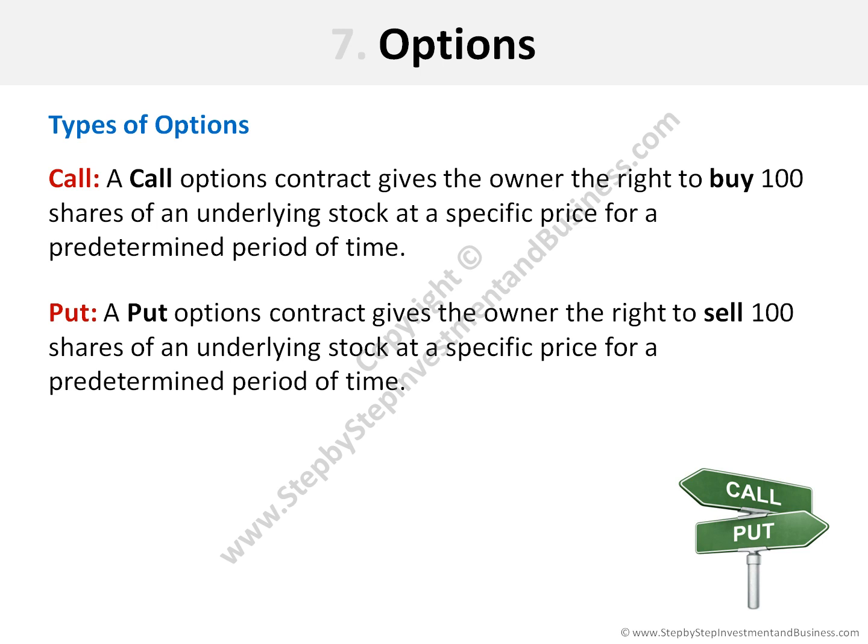On the other hand, a put options contract gives the owner the right to sell 100 shares of an underlying stock at a specific price for a predetermined period of time. So, a call options contract gives the right to buy, and a put options contract gives the right to sell. This right, to buy or sell, is written on 100 shares.